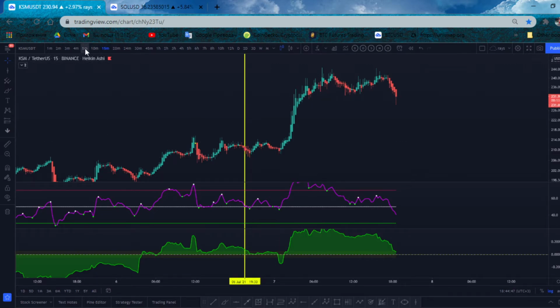So I'm giving this information just for examples related to the strategy, because in my live streams I'm gonna play on different time frames.